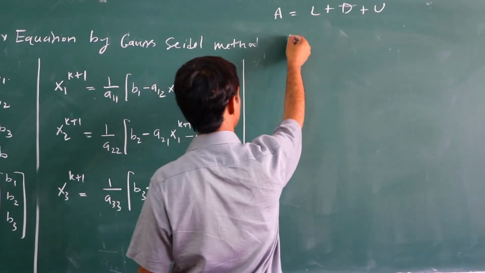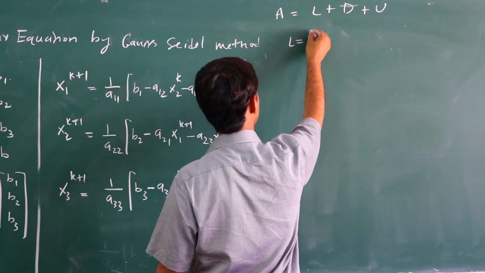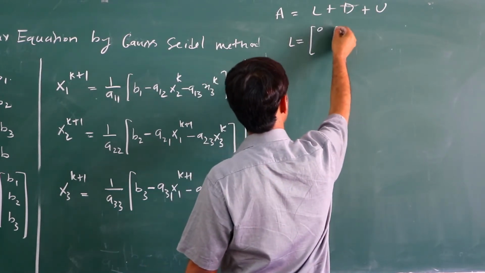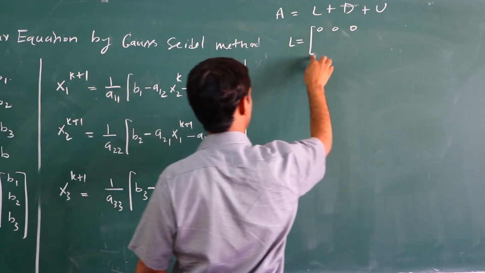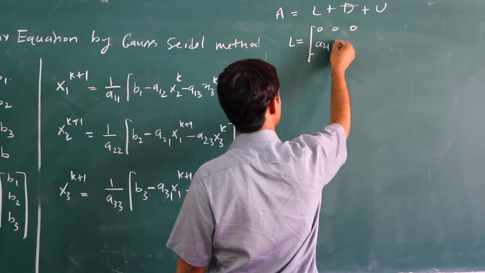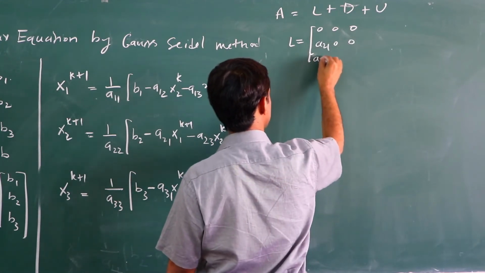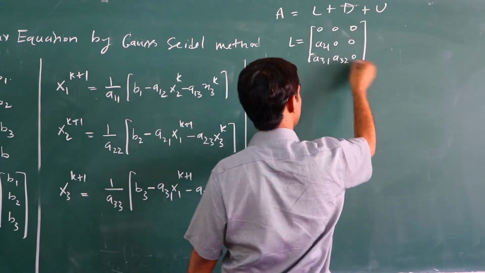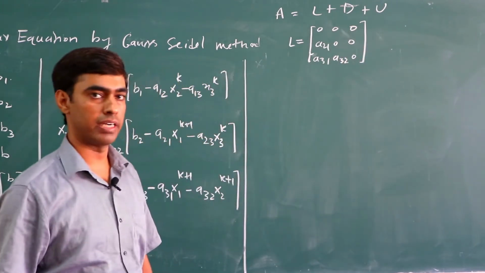L is a lower triangular matrix. L equals 0, 0, 0, then A21, 0, 0, then A31, A32 and 0. This is the lower triangular matrix L.